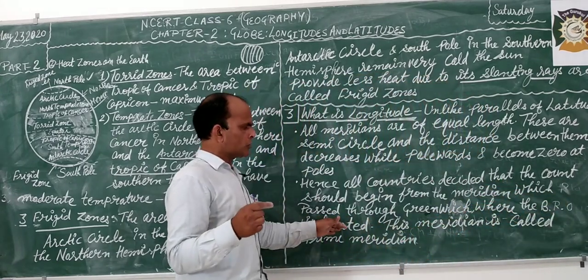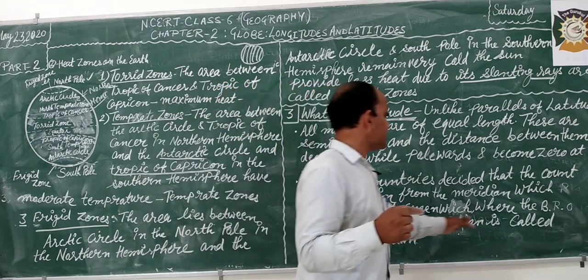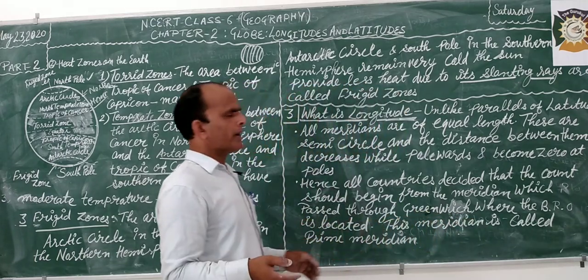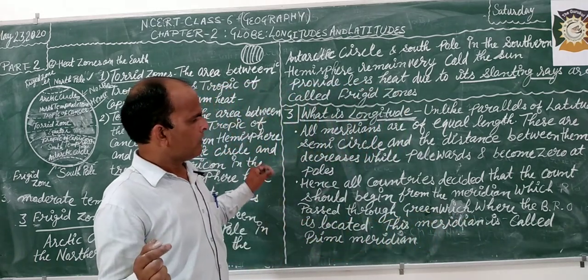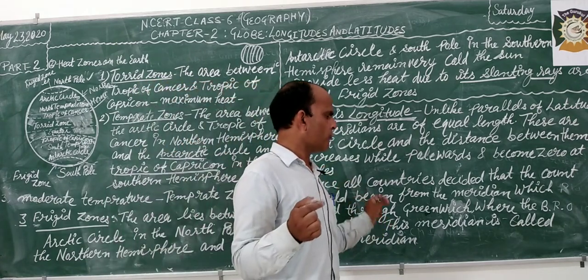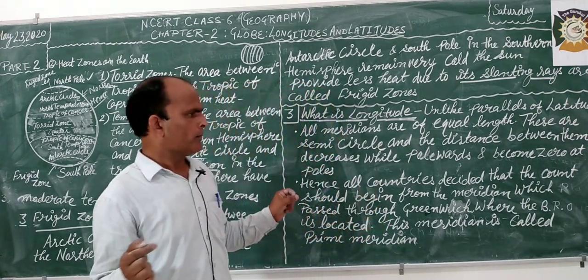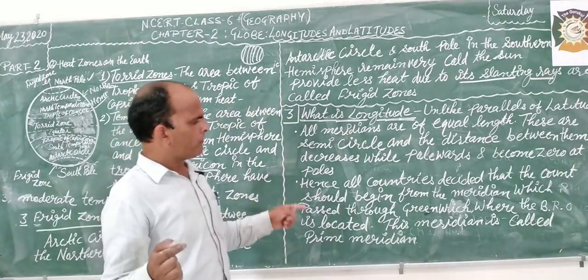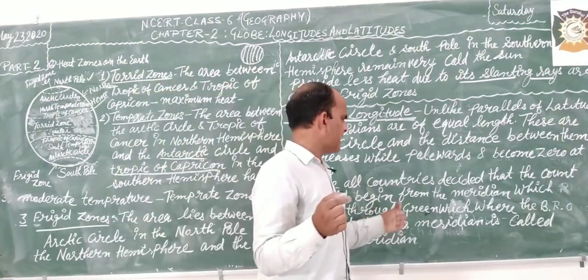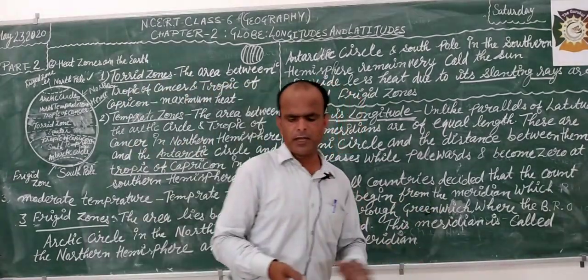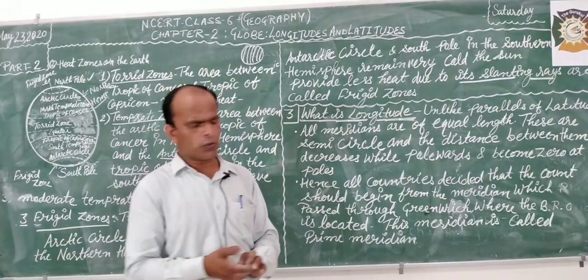This meridian is called the prime meridian, where the calculation begins.